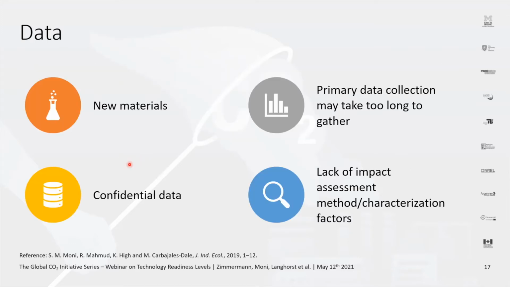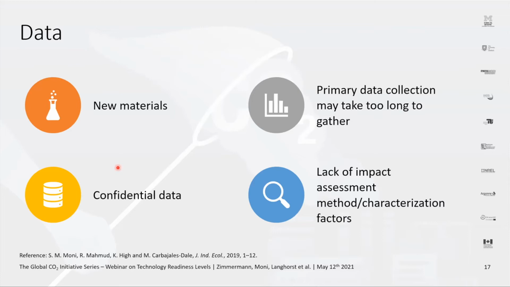Let's talk about the data. Obviously, data limitation is an issue at low TRL because you only have the initial process description or initial process flow diagram. Also, sometimes the new emerging technology may include new materials or new catalysts, so getting the inventory data or the process information is very challenging.